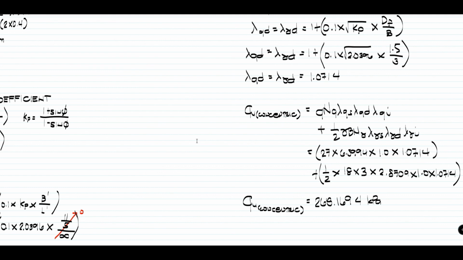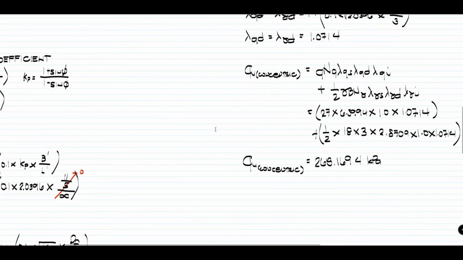So, ibig sabihin, hindi pa yan yung gagamitin natin for our eccentrically loaded. So, kailangan natin siyang i-reduce by using the reduction from the method 2. Sabi sa method 2, pag cohesionless yung soil, automatically the reduction, so REX yun, kasi along the x-axis yung reduction natin. So, that is 1 minus square root of EX over yung parallel sa kanya, which is yung B. So, yan ngayon yung equation natin.